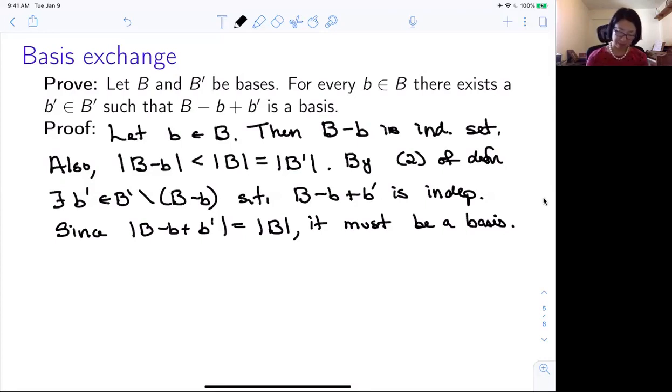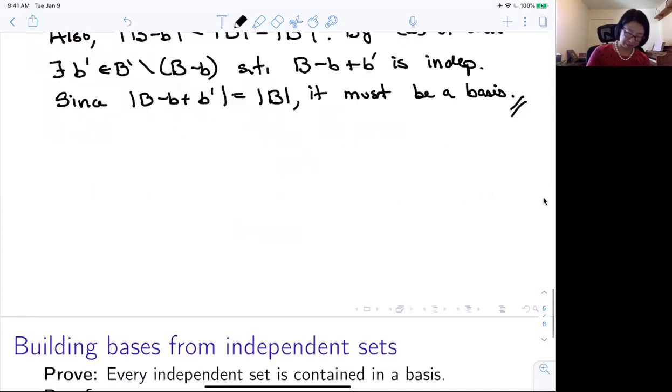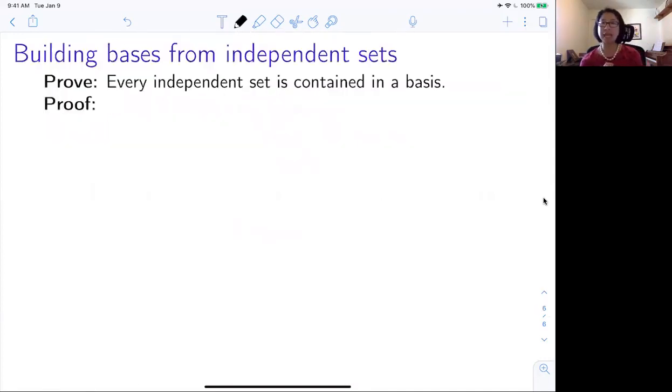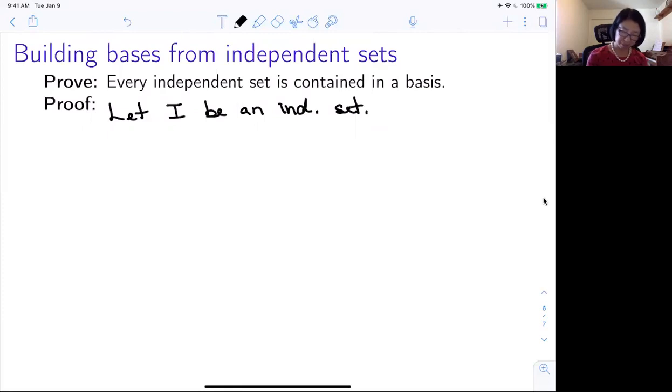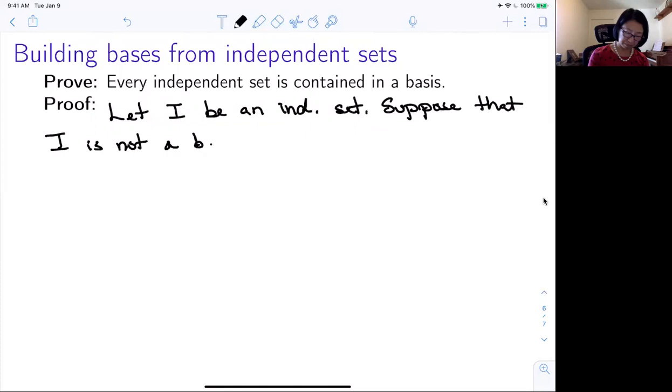Okay. And then finally, we can build a basis from any independent set. So every independent set is contained in a basis. Let's see why this is true. Let I be an independent set, and suppose it's not a basis.